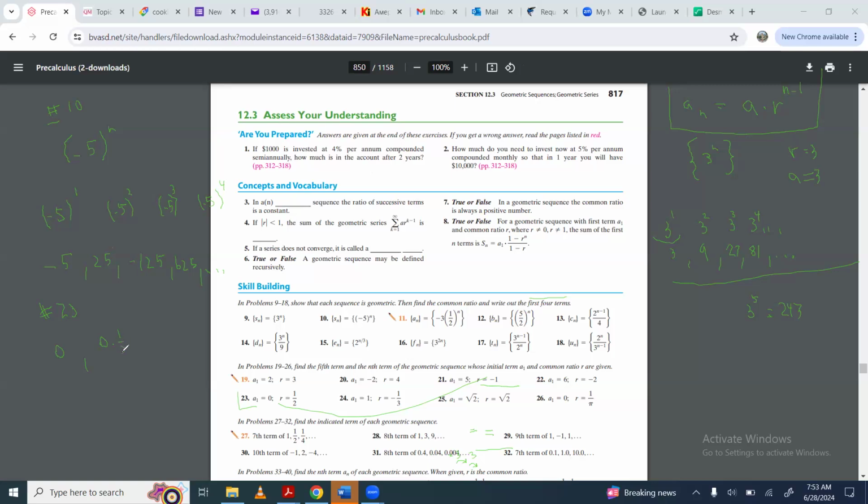And guess what we get when we multiply 0 by 1/2? 0, right? So you keep multiplying 0 by 1/2 again and again, and you will get a bunch of zeros.